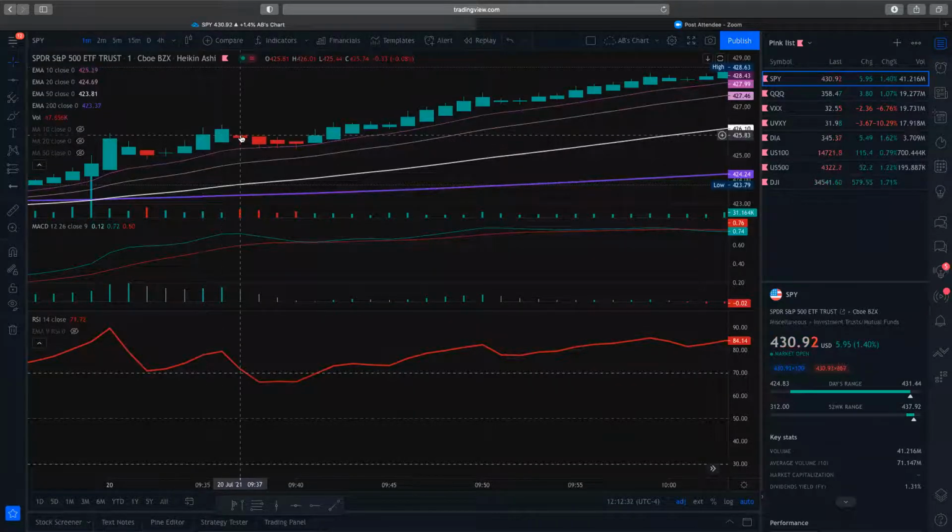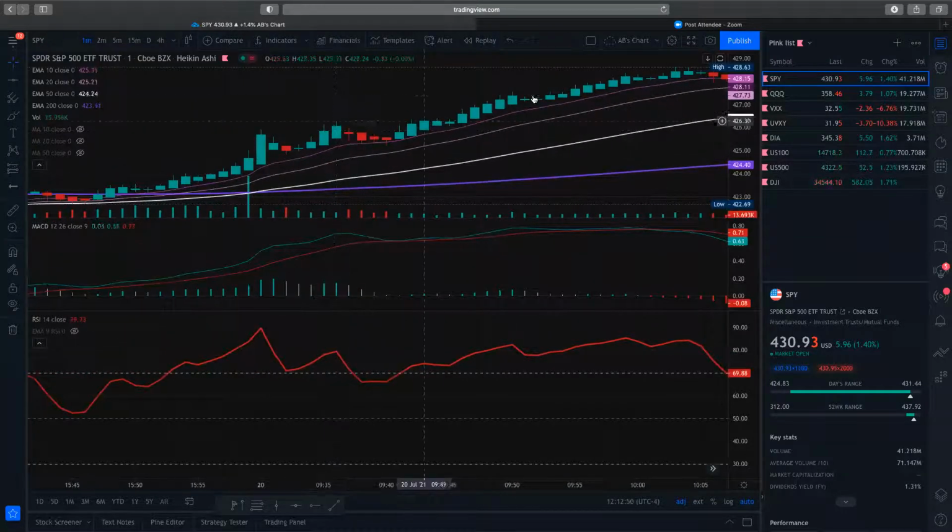Over here, even though we have red, 425.25, we didn't go that low, right? We never got that low. So that's a level of support. So as long as we're not wicking lower, it's fine. And again, you want to make higher highs and you actually want to make higher lows as you continue to trend up.